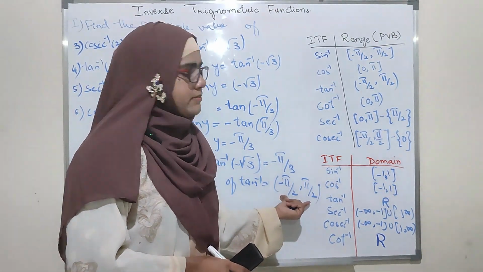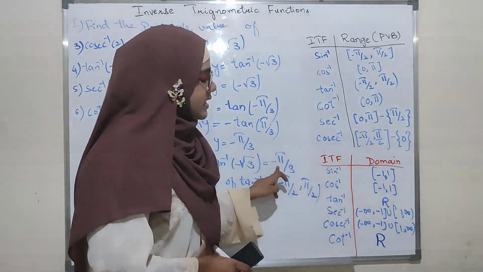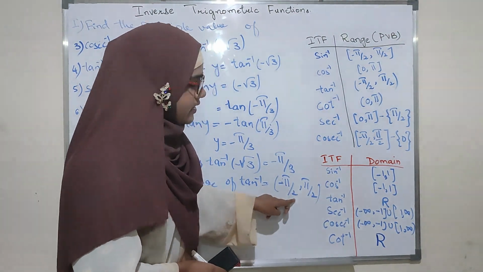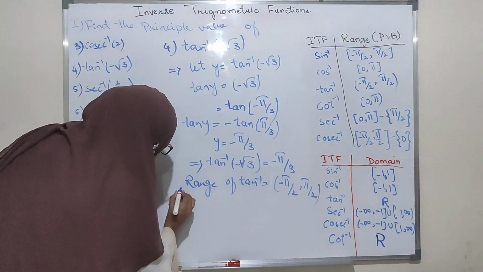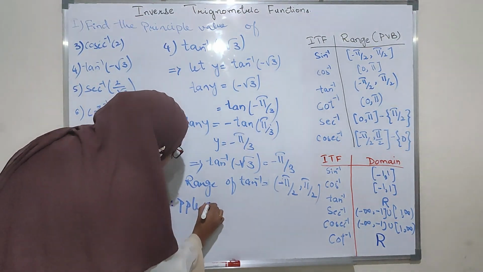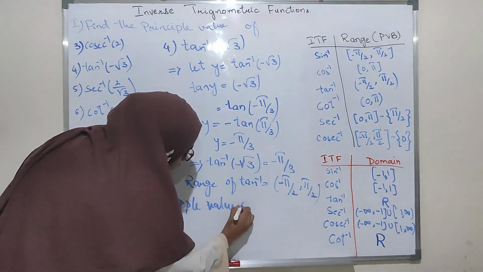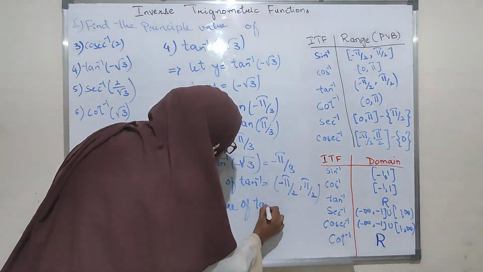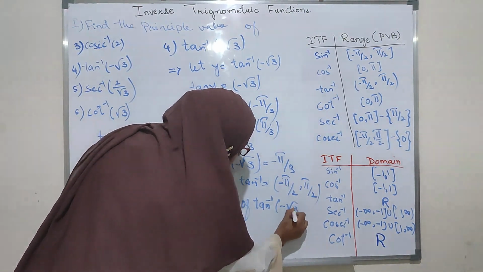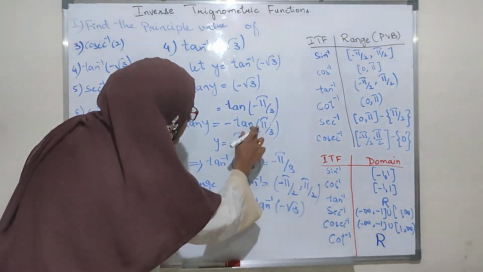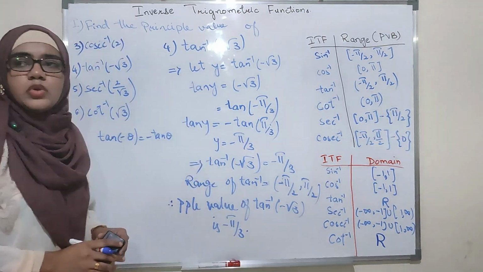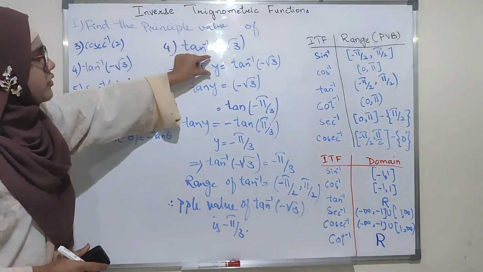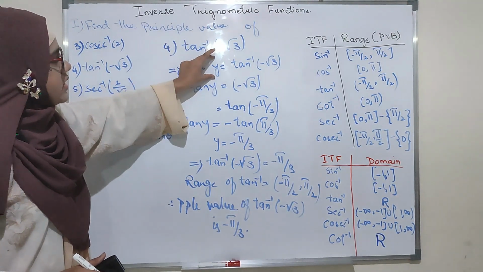Pi by 2 means 90, so the interval is minus 90 to plus 90, and minus 60 lies in between the principal value branch for tan. Therefore, the principal value of tan inverse of minus root 3 is minus pi by 3.